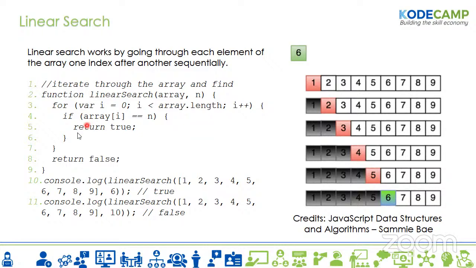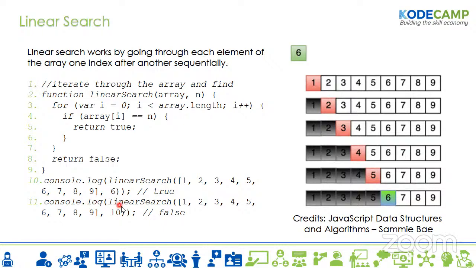What this if statement is doing is waiting for a point where the element at that index matches. So it checks, and if it sees 6, it returns true. Then we are out of this for loop and out of this linear search. So for this, we have 6 in the array, and it's going to return true.